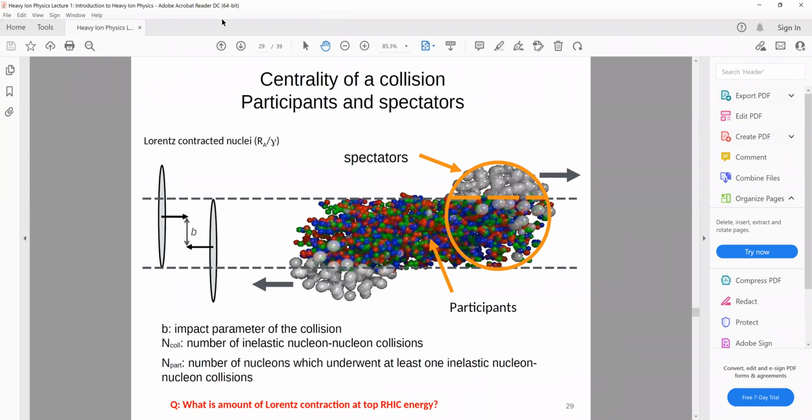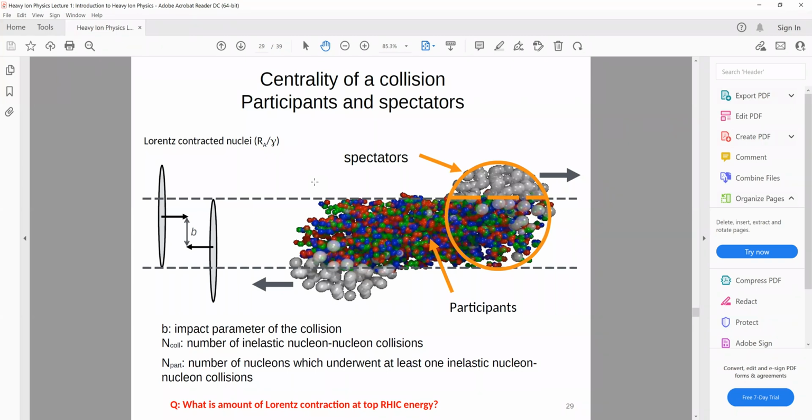Yes, sir. Is it 200? Can you tell me the question again? So I asked what is the amount of Lorentz contraction at top peak energy, that is 200 GeV energy per nucleon pair. Root S NN is 200 GeV at RHIC. So that is the top peak energy, right? So what is the value of gamma?